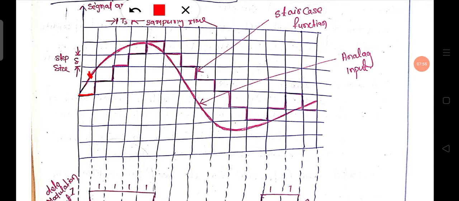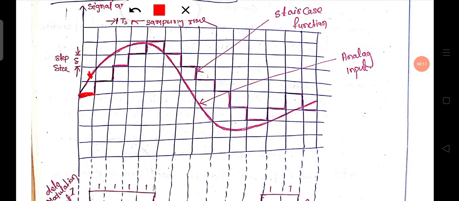And when the amplitude of the analog signal is less than the voltage level of the staircase, then the staircase goes one unit, delta, downward. Okay, now let's see here.